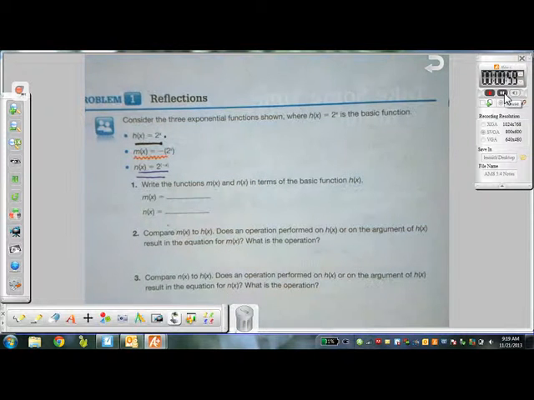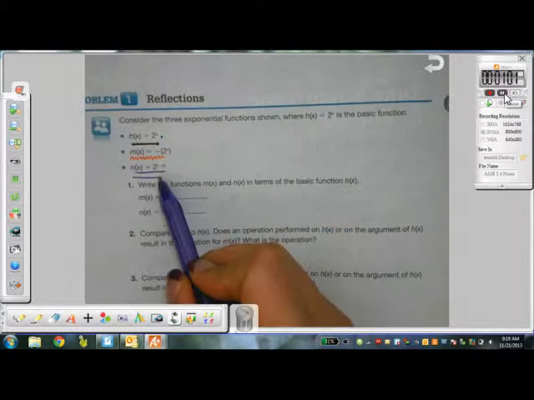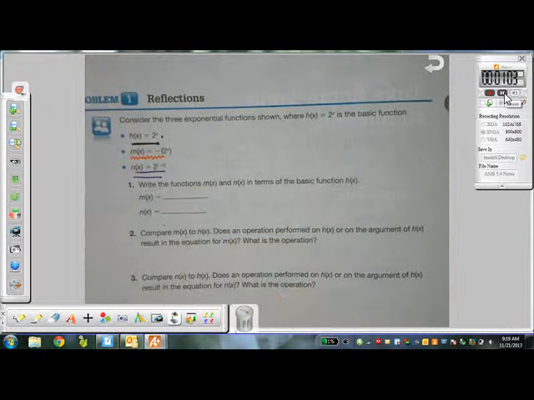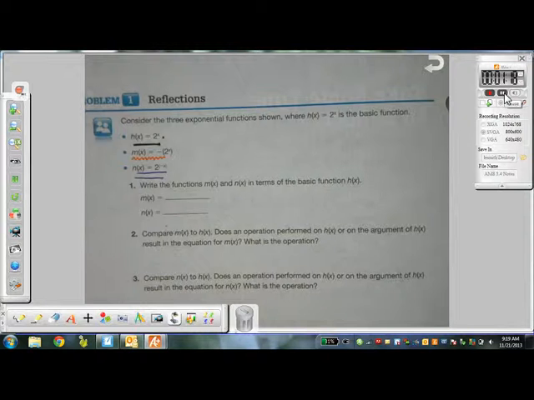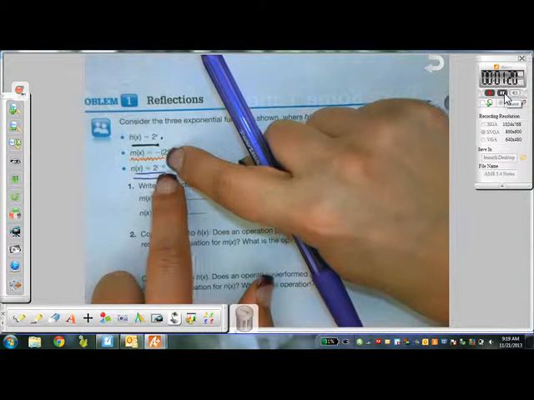And in n of x, that's 2 to the power of negative x. So where did I put the negative in that one? Into the exponent where the x is, which was called the what? Do you guys remember? Starts with an A. Not asymptote. Argument, right? You have your result and your argument.